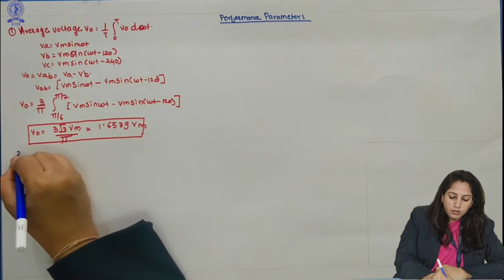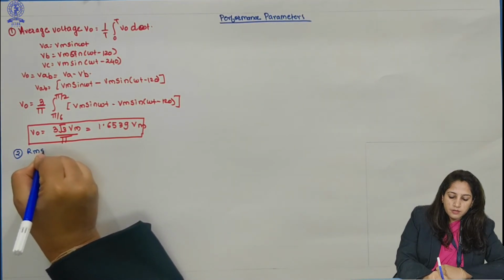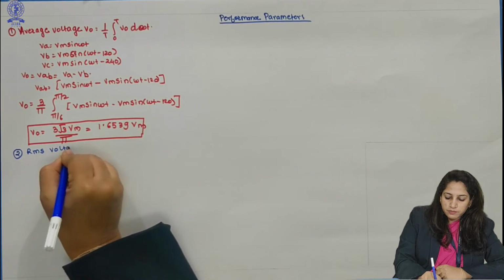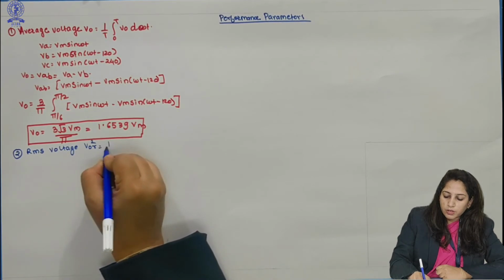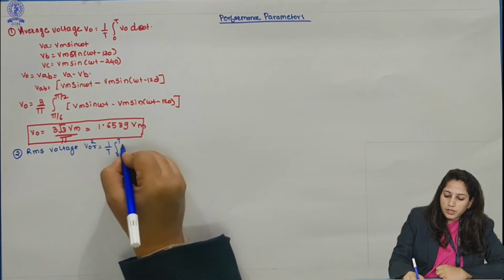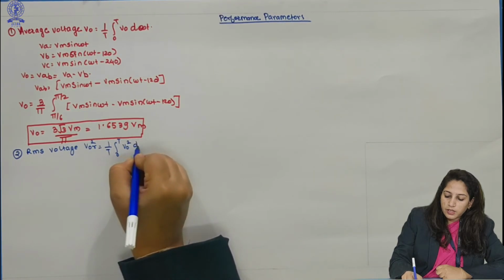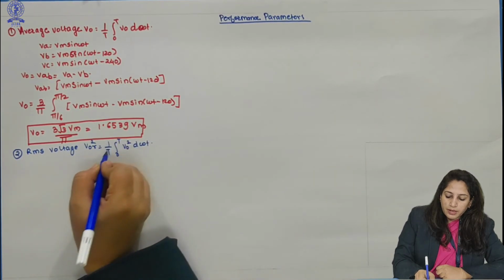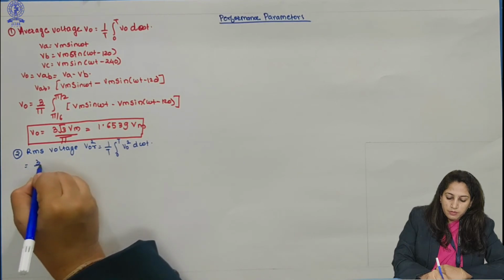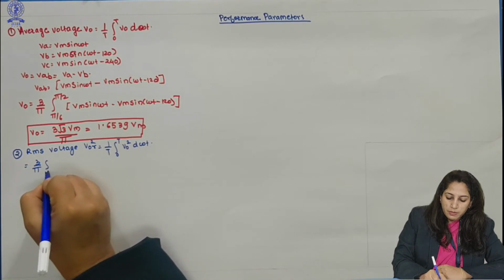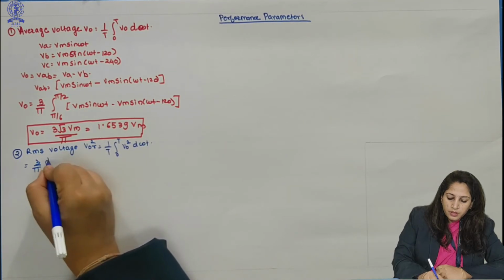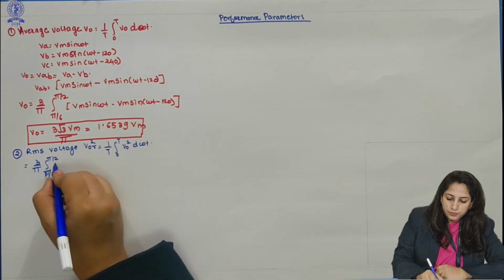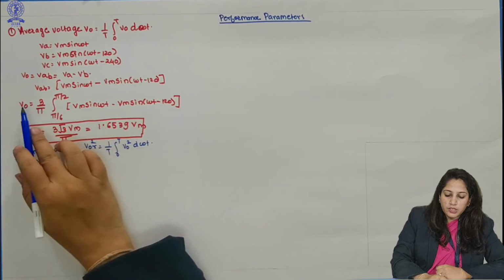Similarly, I will find the RMS voltage, which is VOR squared, equal to 1 by T, integral from 0 to T, of VO squared d omega t. So 1 by T means again 3 by pi, from pi by 6 to pi by 2, and VO is VAB only.